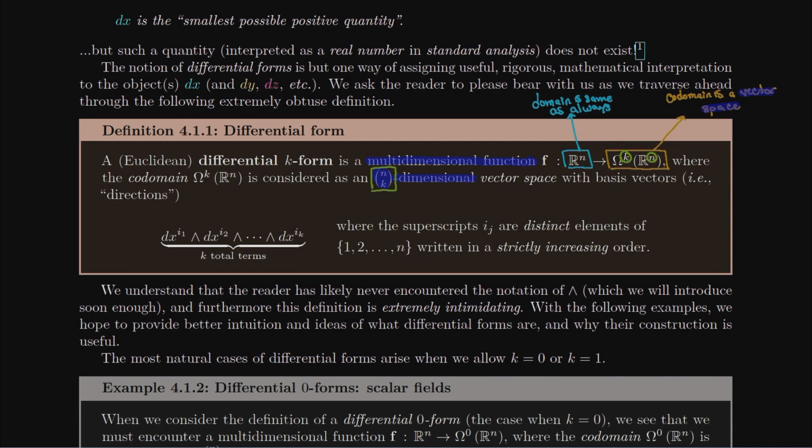And it turns out it depends on the dimension n and k with the binomial coefficient. And if you've forgotten what that is defined as, it's n factorial divided by k factorial times n minus k factorial. And this counts the number of possible ways to choose k objects from a collection of n total objects.